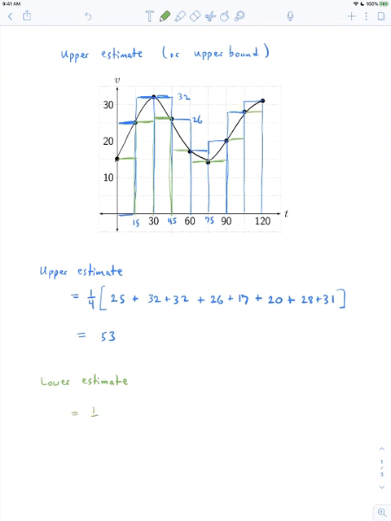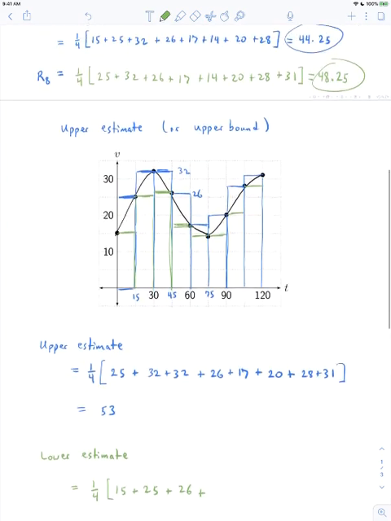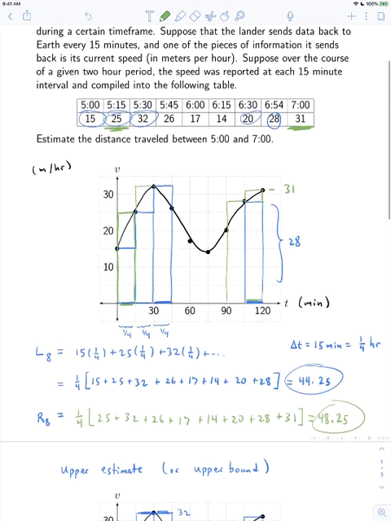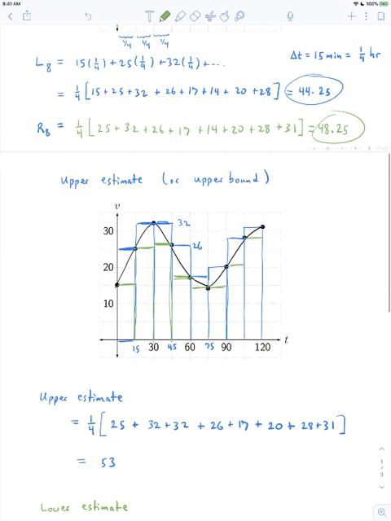If you work this out, this will be 1/4 times, and now it'll be 15 plus 25 plus 26 plus, and now we need to find the height at 60, which I think we did before, and that was 60 minutes, of course, is an hour after, so that's 17.